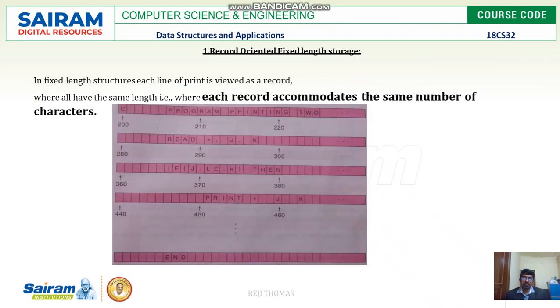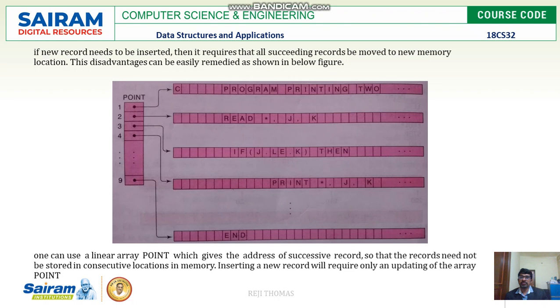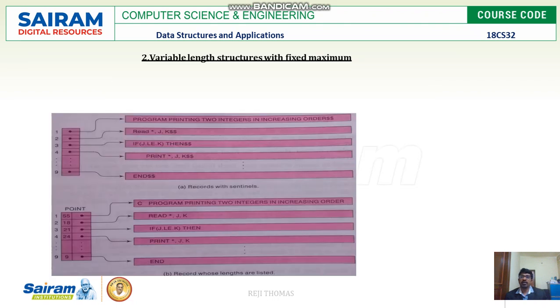So, record oriented fixed length means each record accommodates the same number of characters. You can see all of these are records which have the same number of characters. We are neither able to increase the size nor decrease it. The second one is a variable length structure.